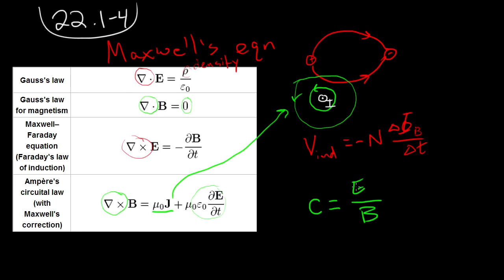You can plug in what the electric and the magnetic fields will be, and you get that the speed of light is 1 over the square root of epsilon naught mu naught, and these are the same epsilon naught and mu naught that we saw throughout chapters 20 and 21. Well, really, since the beginning of the semester we saw epsilon naught, and now in the magnetism chapters we've seen mu naught. And it's approximately equal to 3 times 10 to the 8 meters per second.